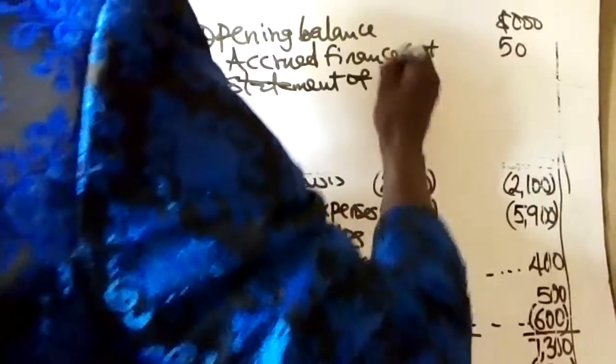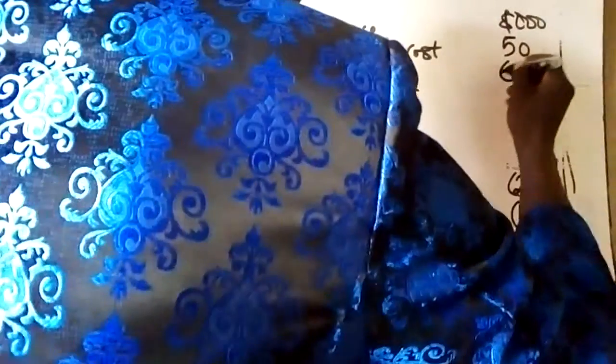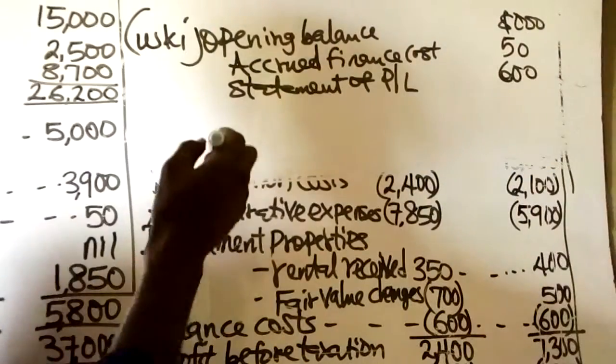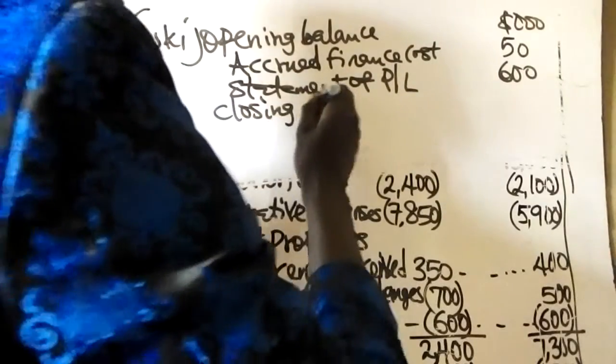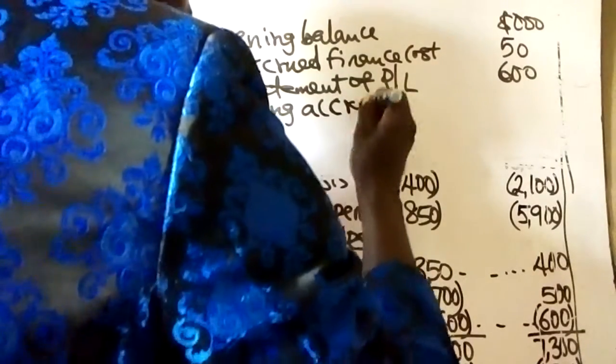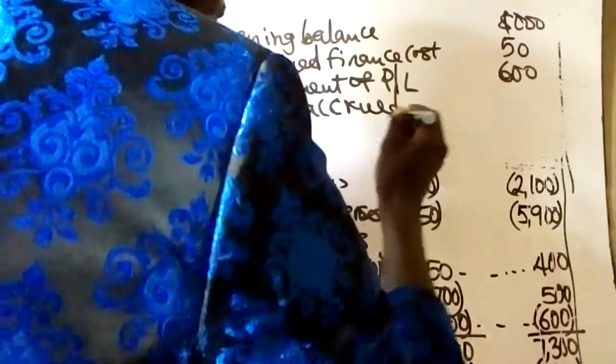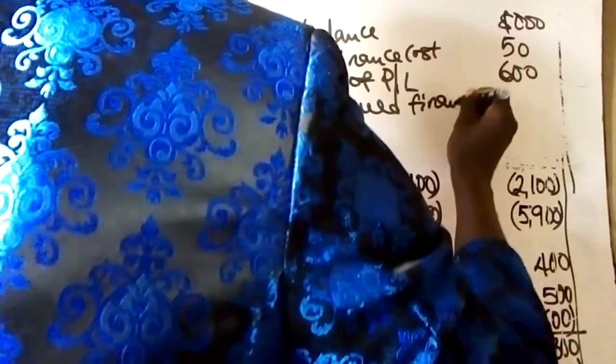That is the one you have there. Then you now have closing accrued finance cost, which is given to be 100.